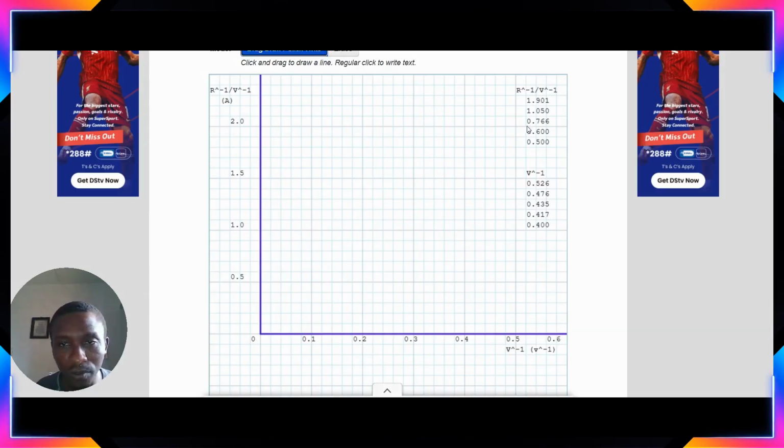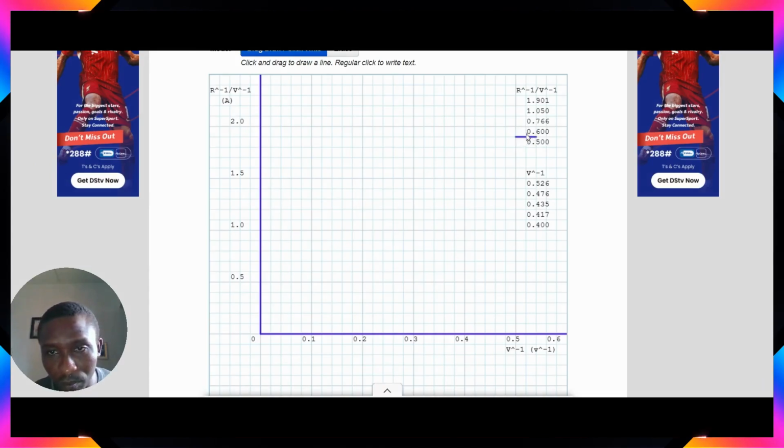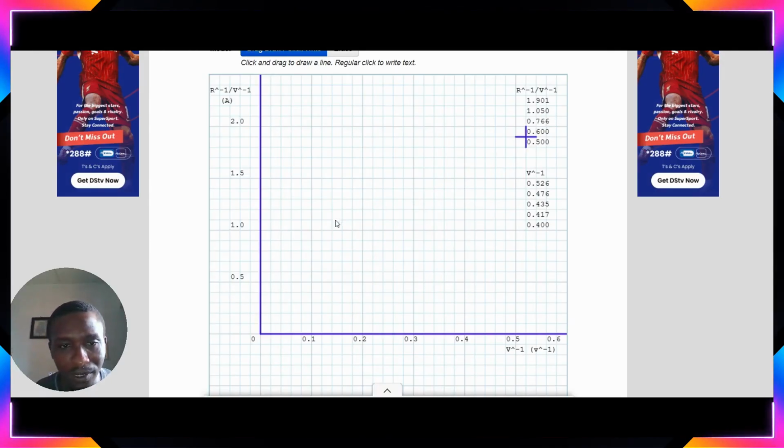So the first value, when the ratio is 1.9, which falls to the second line before 2, the corresponding value of V at that moment is actually 0.526. Okay, that should be somewhere around here. Okay, so we have our first point. Then the second one, when R is 1.05, which we approximate to 1.1, and that falls here.